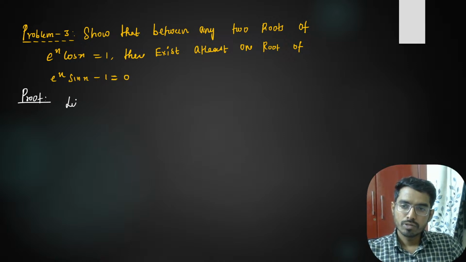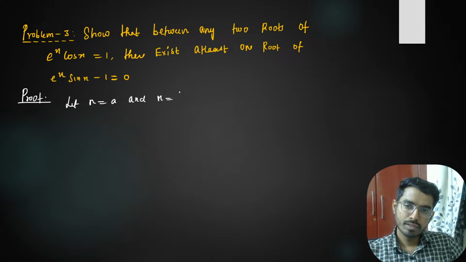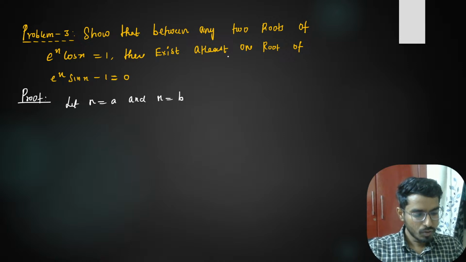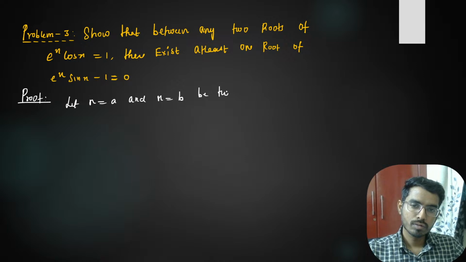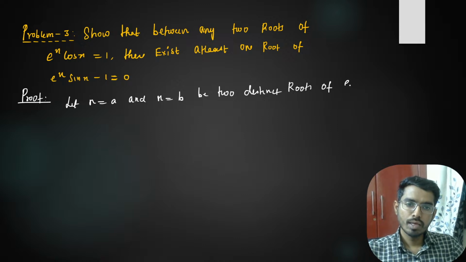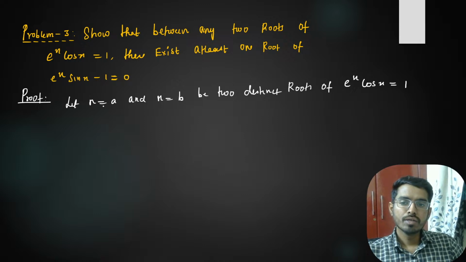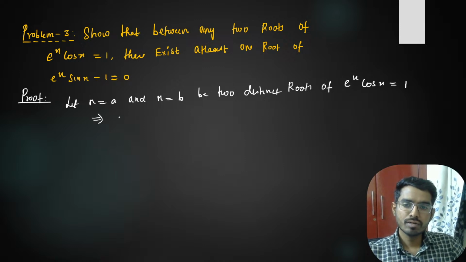Okay. So let x is equal to a and x is equal to b be two distinct roots of e power x cos x equal to 1. Since a and b are roots, a will satisfy this equation.